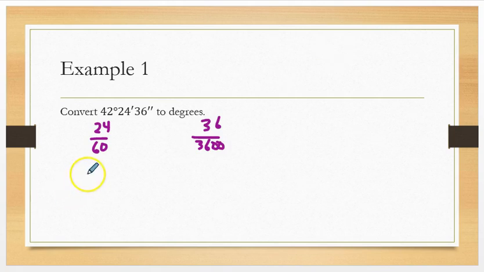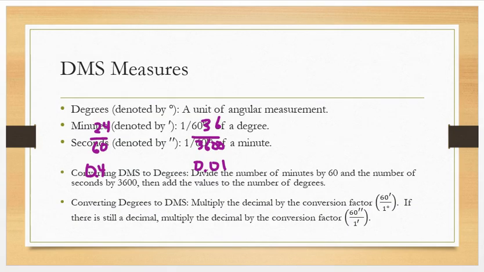Now, if you put these into your calculator, for 24 divided by 60, you're going to get the number 0.4. And for the number 36 over 3600, you're going to get the number 0.01. So then if you look back at the instructions I had for you on the last slide, it says after you've done the dividing minutes by 60 and the number of seconds by 3600, just add those values together.